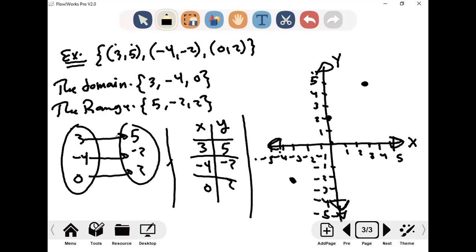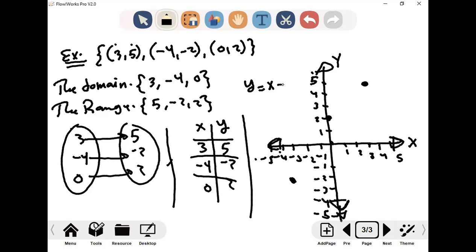So here we have mapping, table, graph, and sometimes you can find your equation. If you look to the table, if you add 2 to the 3, you will get 5. 2 to the negative 4, you will get negative 2. 2 to the 0, you will get 2. In general, if you add 2 to the x, you will get y. So y equals x plus 2.